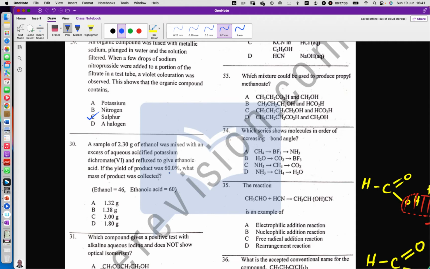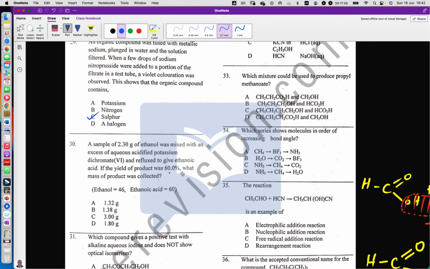Acidified potassium dichromate is a strong oxidizing agent. And what is going to happen here? Since we are using ethanol, we are going to oxidize it to ethanoic acid.